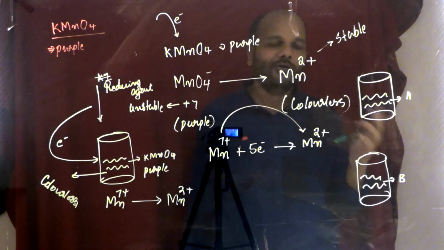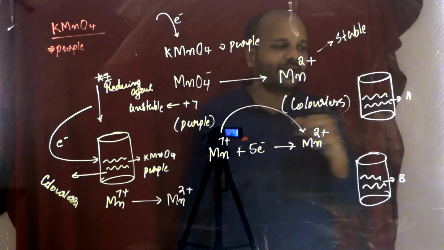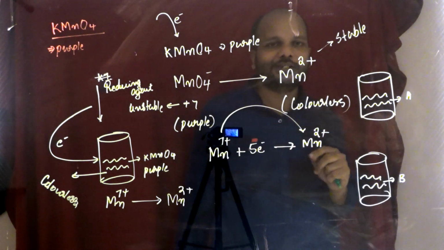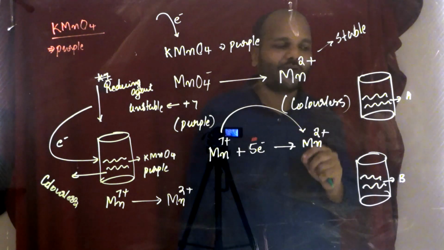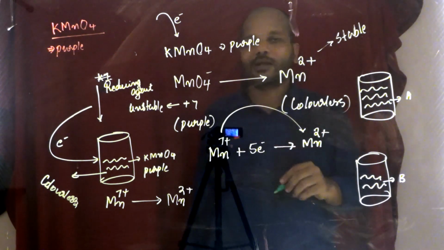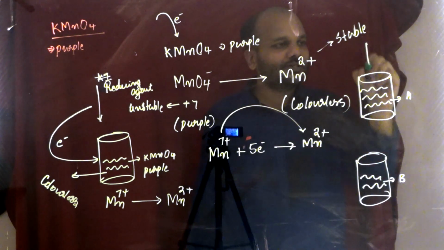Our purpose is to find which one is the reducing agent. Easily, this is how KMnO4 comes into use.